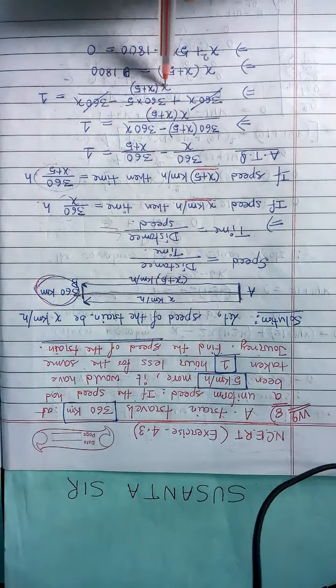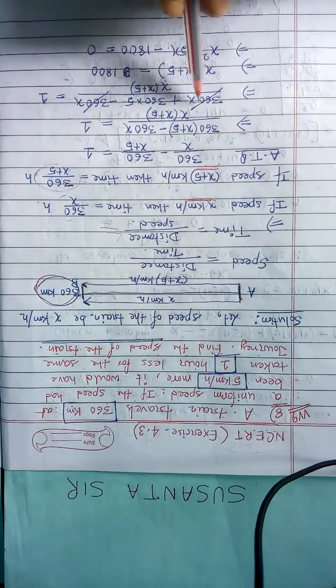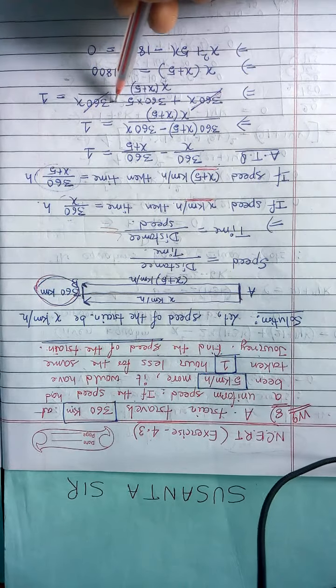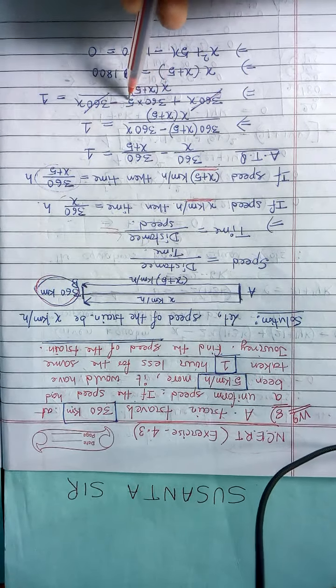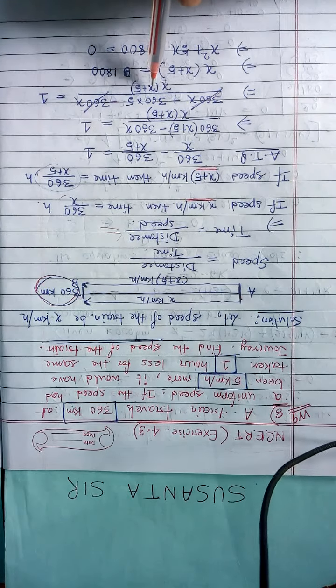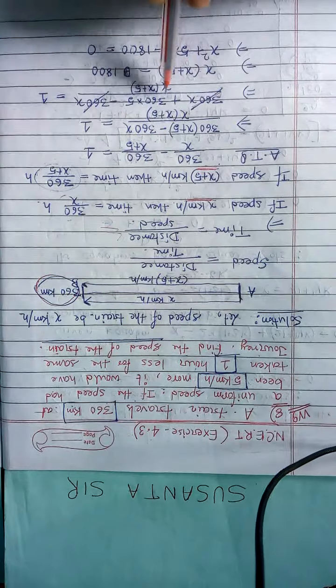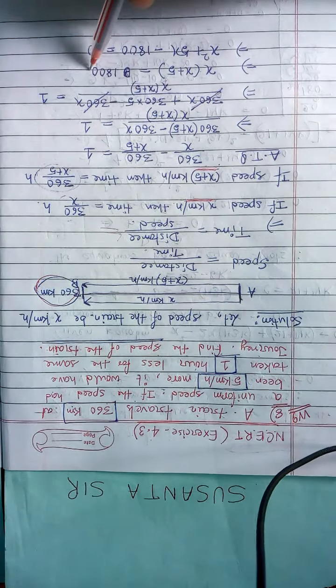Do cross multiplication. x into x plus 5 into 1 equals this; 360x cancels out because it is minus sign and this is plus sign, and the remaining is 360 into 5, that means 1800.